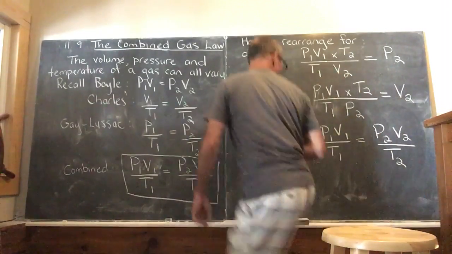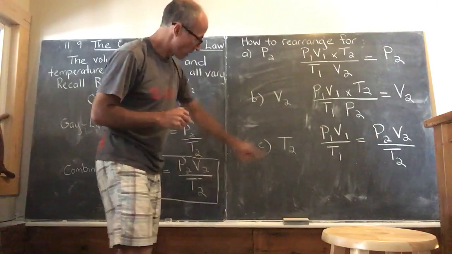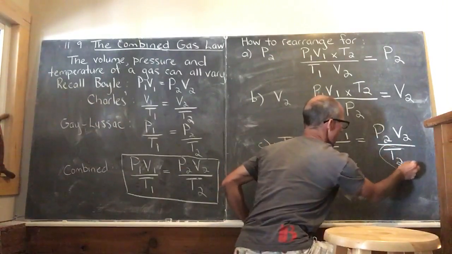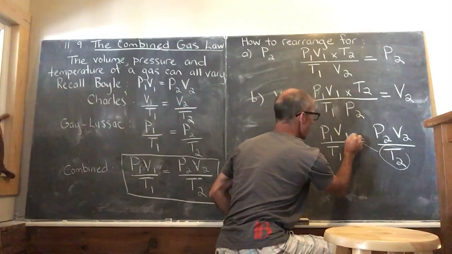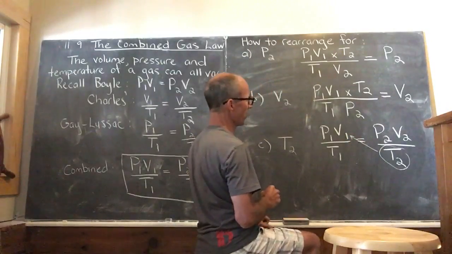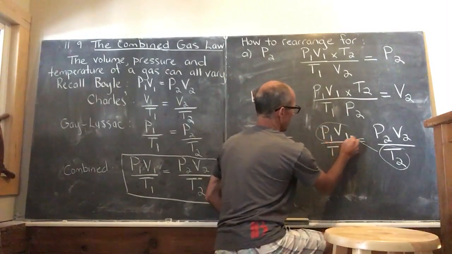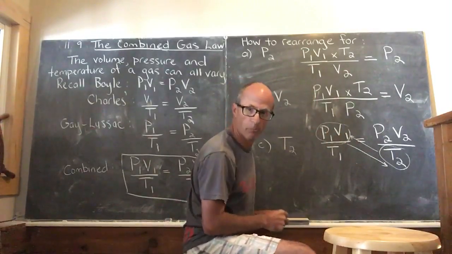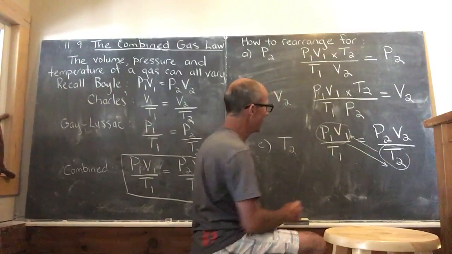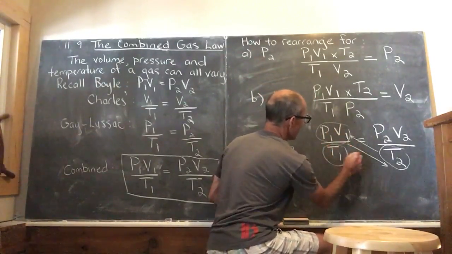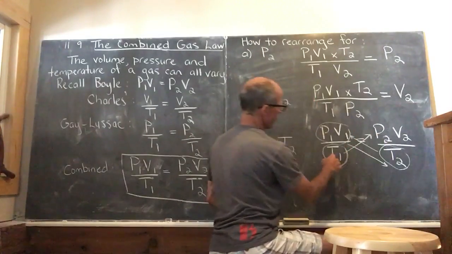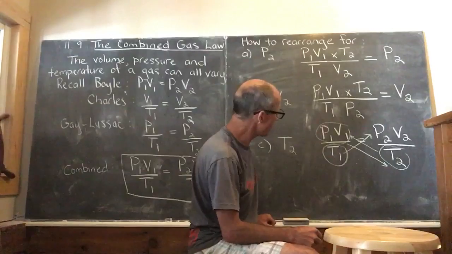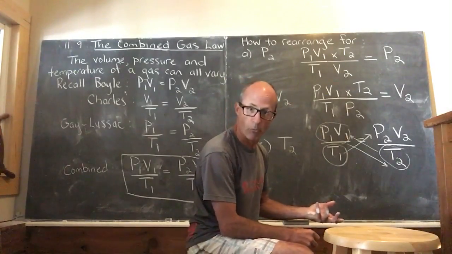There. That is our original equation. We want to solve for T2. This is our unknown. So we want to move it to the top on this side, and this is going to have to go down if we divide both sides by P1V1. On the other hand, T1 has to go up. We have to multiply both sides of the equation by T1 to clear that out of the way.